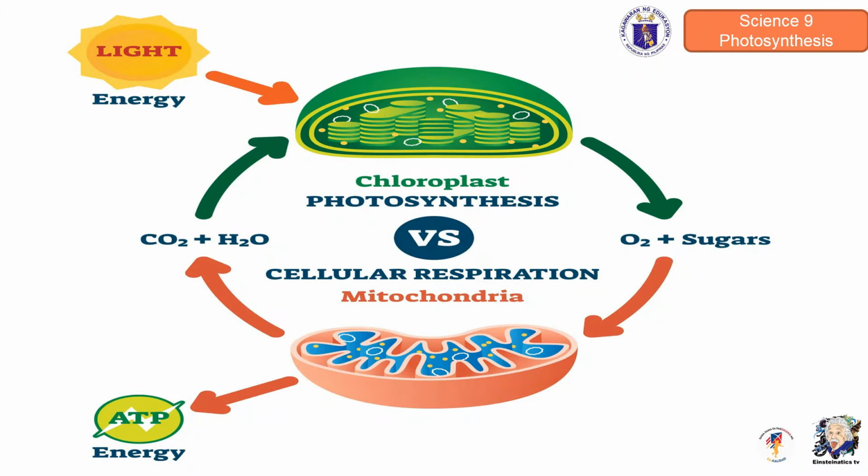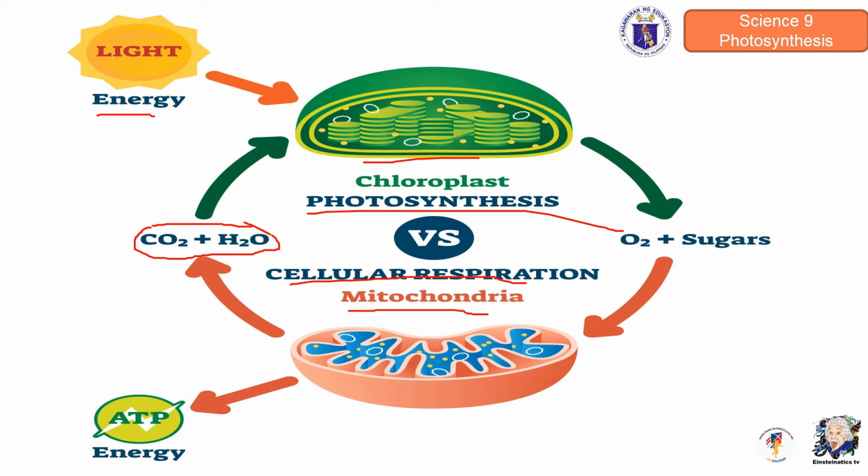This time, let us compare and differentiate between photosynthesis and cellular respiration. To start with, photosynthesis takes place in the chloroplast, whereas cellular respiration takes place in the mitochondria. The raw materials needed for photosynthesis are light energy, carbon dioxide, and water.